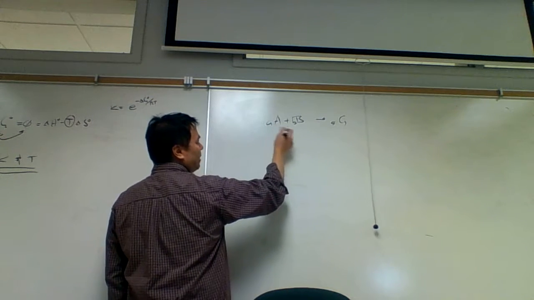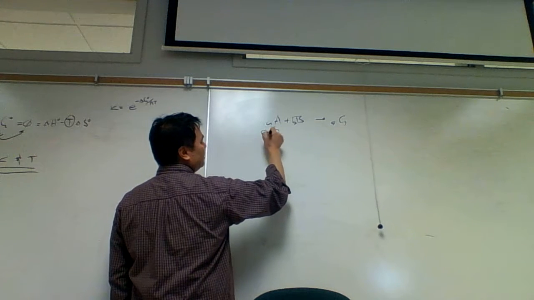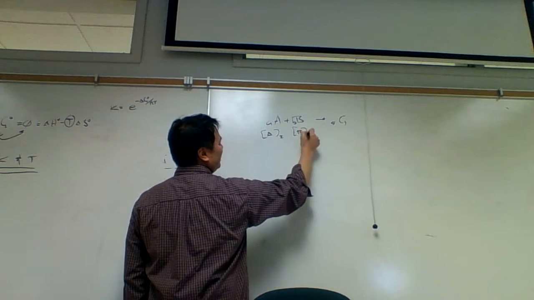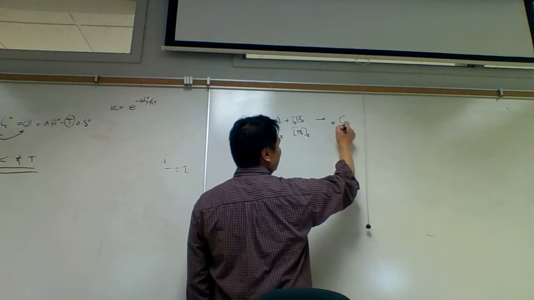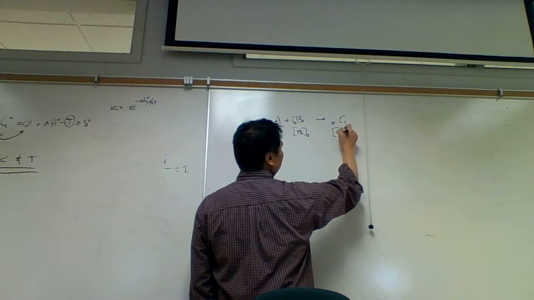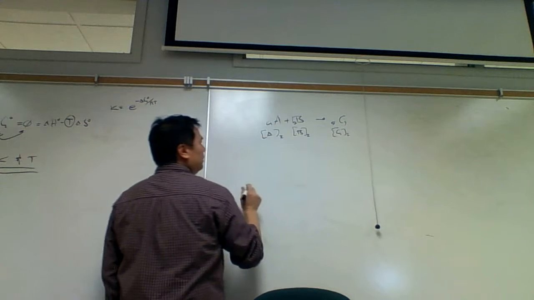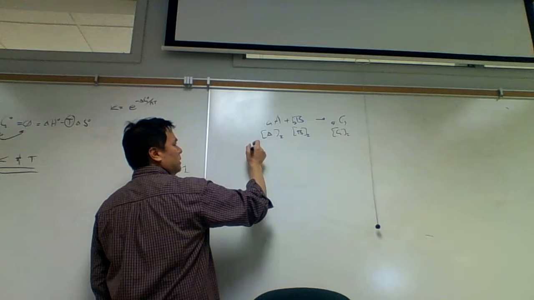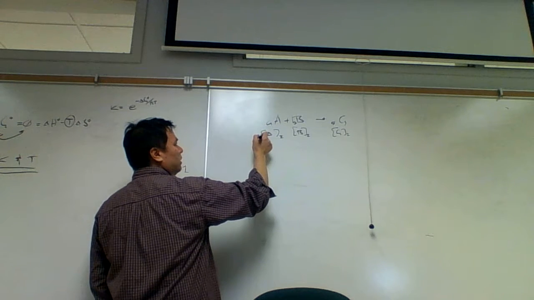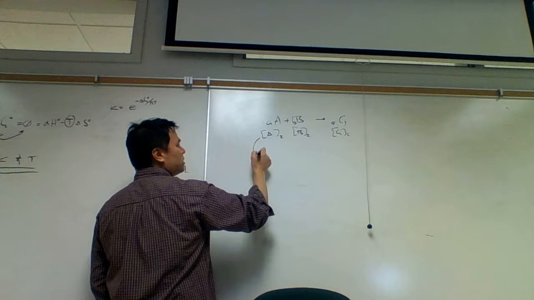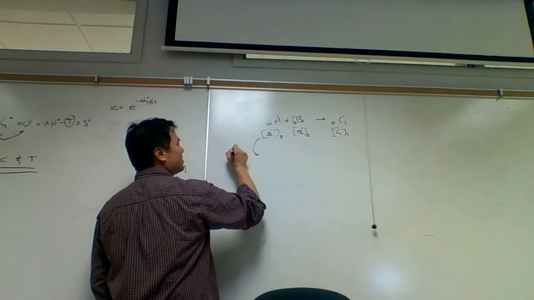Let's say I have some initial amount of A, initial B, and some initial G. And then I want to predict a temperature at which I'll get, let's say, 80% reaction.